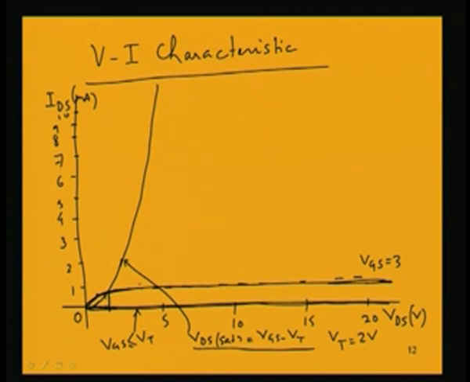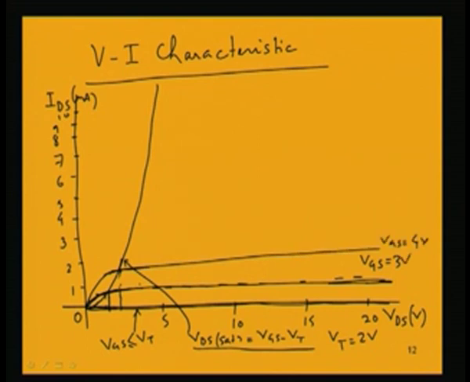Now, say VGS is equal to 4, then we will be getting a saturation VDS value of 4 minus 2, which is equal to 2 volt. So, it will be say here 2 volt. We will be getting saturation at a value of 2 volt, say VGS is equal to 4 volt.